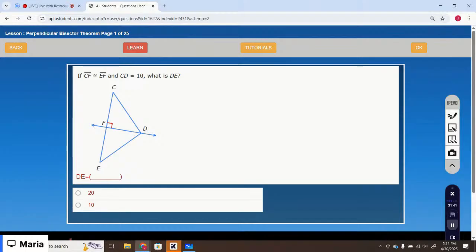If CD equals 10, then DE is also equal to 10. Option number 2 is the correct option.